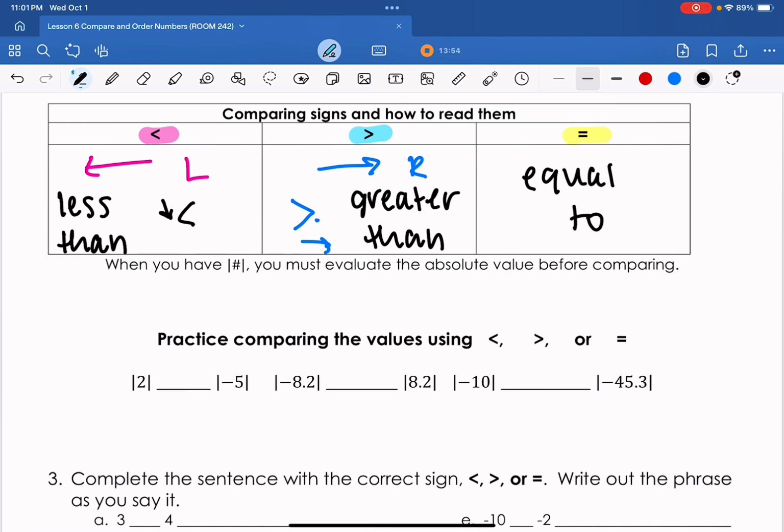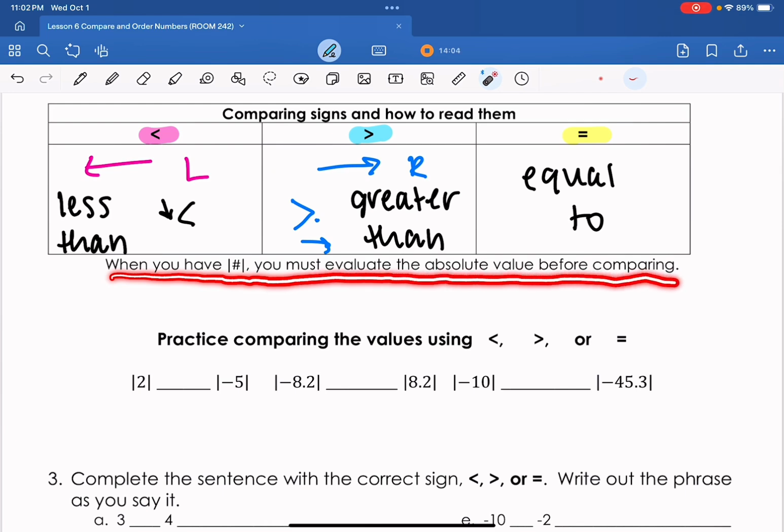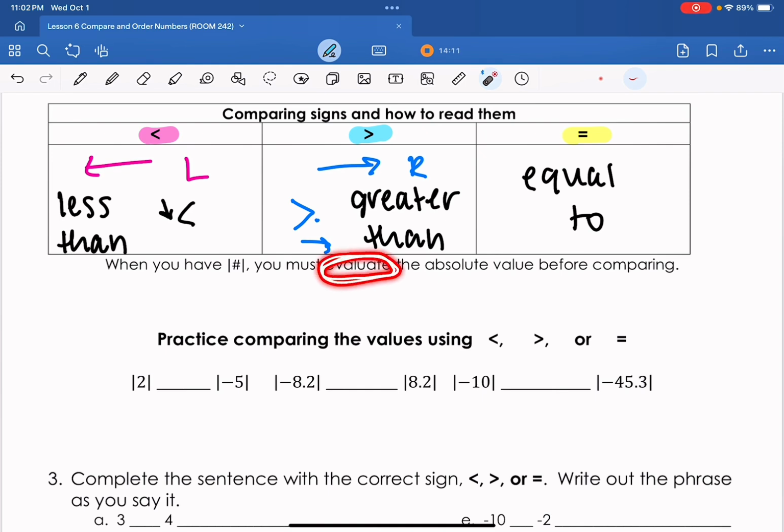So, little side note down here. When you have an absolute value, you must evaluate the absolute value before comparing the numbers. This word evaluate means solve. So you'd have to find the absolute value first before you can even compare the numbers.